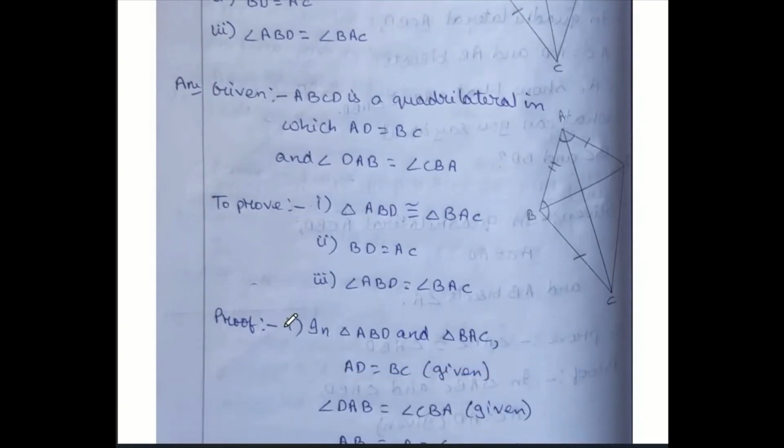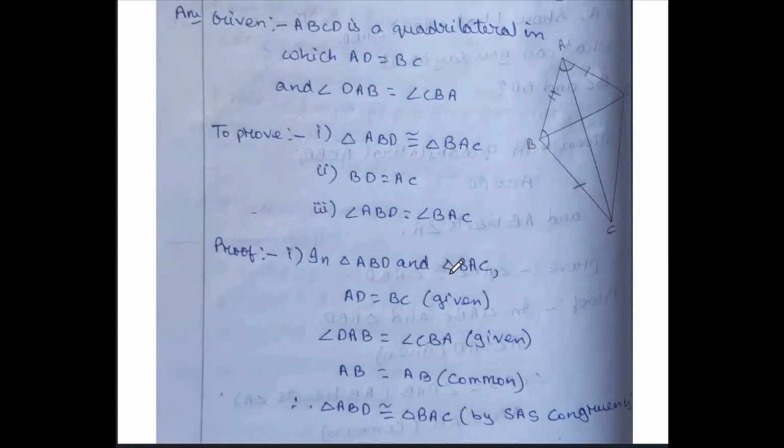Number 1. In triangle ABD and BAC. This is your D point.